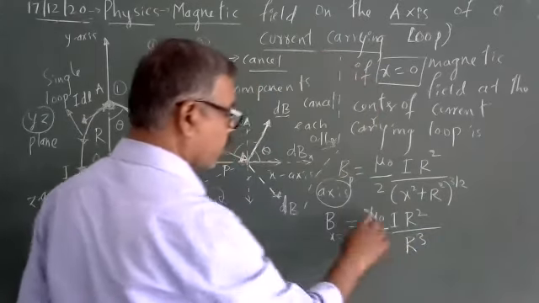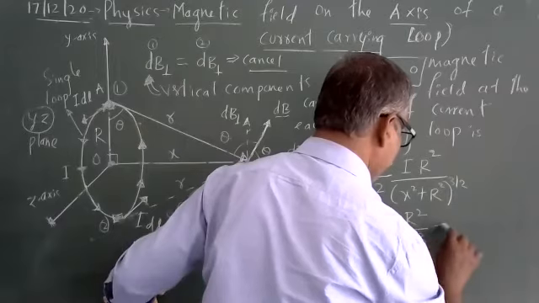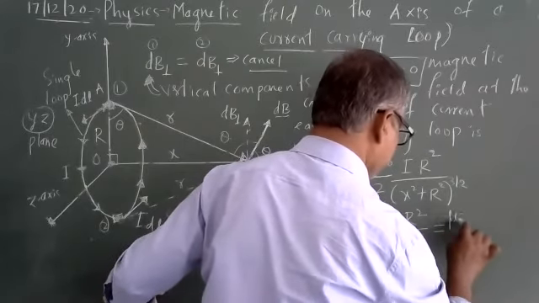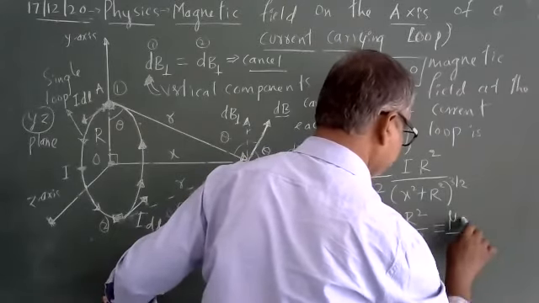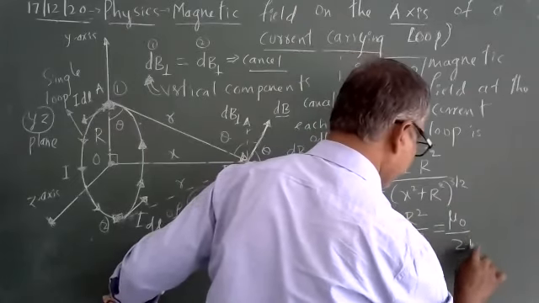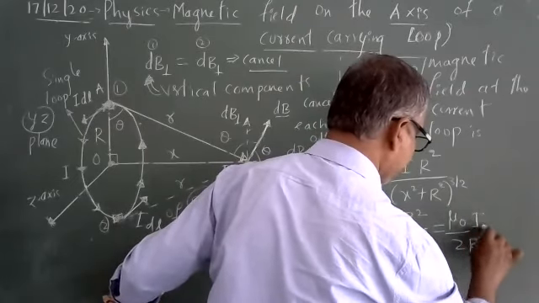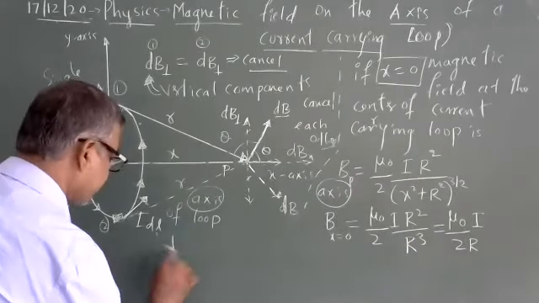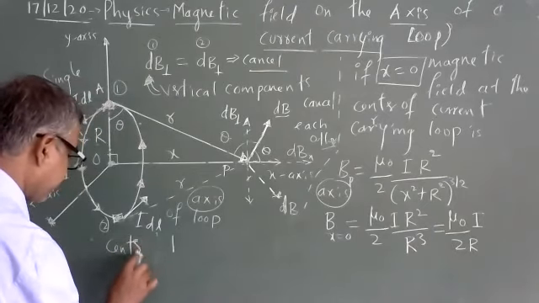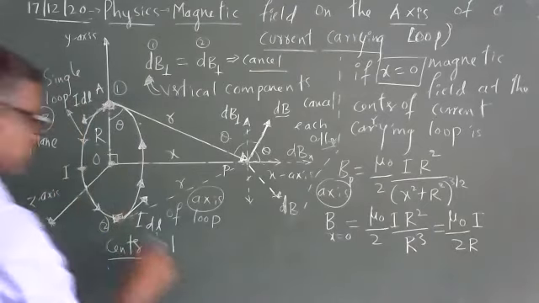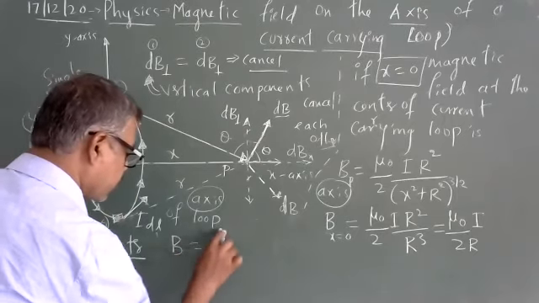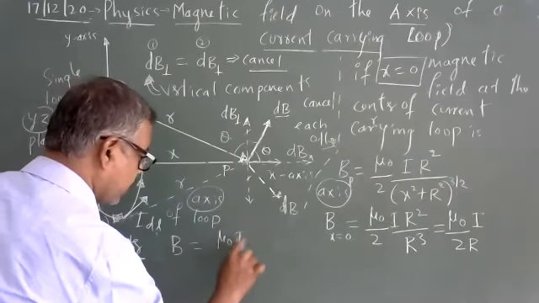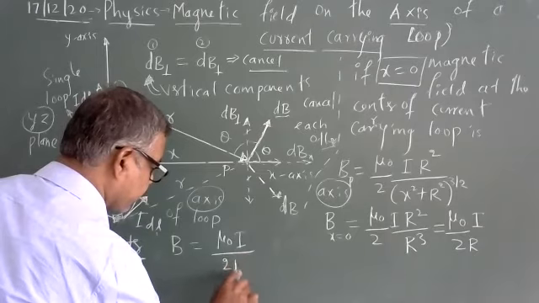Now, r square and r cube cancel, and it becomes 2r and just I. So, the final expression for the magnetic field at the center of the loop is given by B equal to mu 0 I divided by 2r.